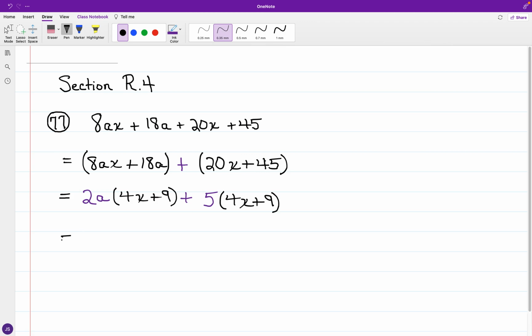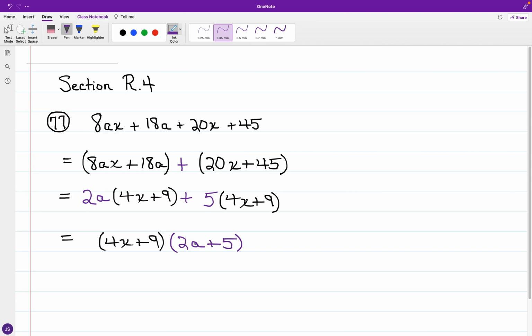And looking at the factorization of each of the groups here, common is the binomial expression 4x plus 9. And the other factor is going to be combining the outside terms in operation, which in this case will be 2a plus 5.